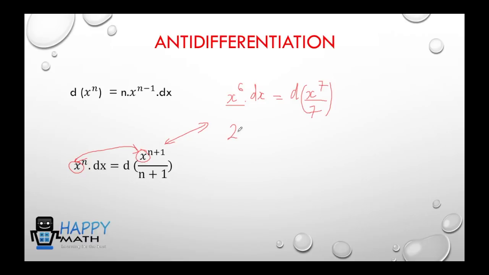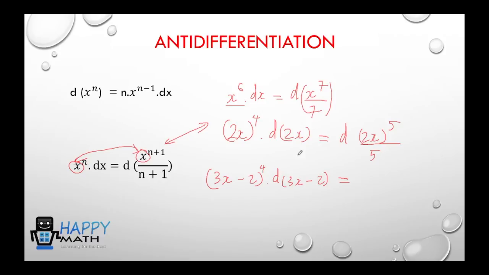And when I have 2x power 4 times 2x dx, I want to move the main function from the left to the right, so you can change it to d of 2x power 5 over 5, the same number as the power. Yes, and another example, 3x minus 2 power 4 times d of 3x minus 2.